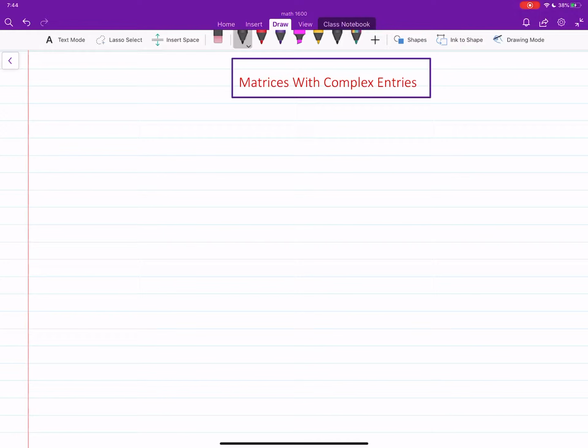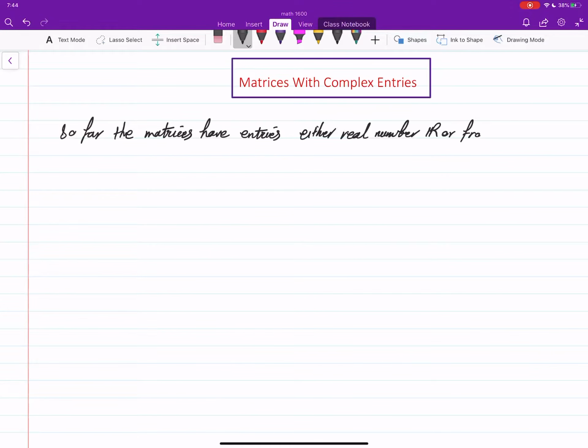Well, remember that all the matrices so far had entries that were either real numbers, so we were taking the numbers from R, or integers modulo some n, from Zn.